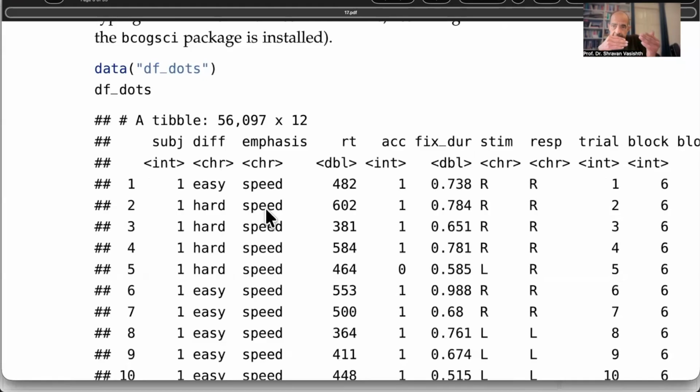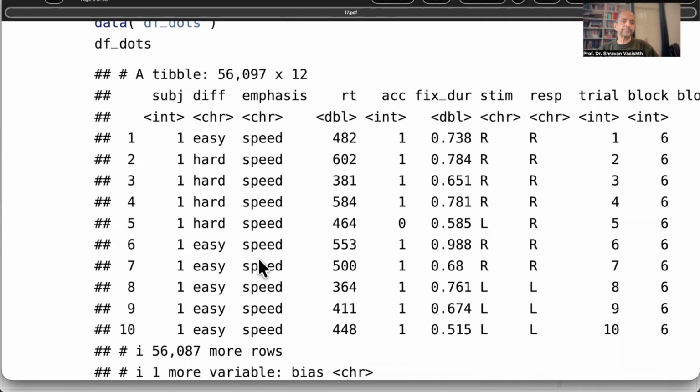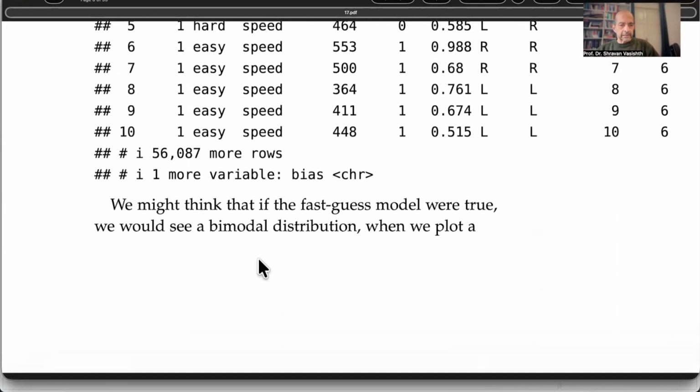So they are modulating the subject's behavior. This is called a speed accuracy trade-off, right? So if you focus on speed, you will make more mistakes. If you focus on accuracy, you will take longer to make the decision, right? So we have reaction time, and then of course we have accuracy, because that will be affected by whether we are emphasizing speed or accuracy. Okay. So that's the setup.